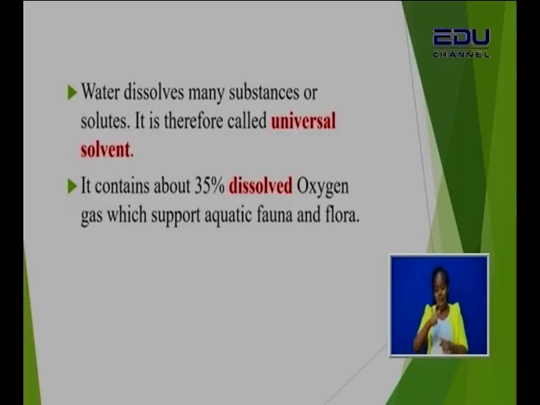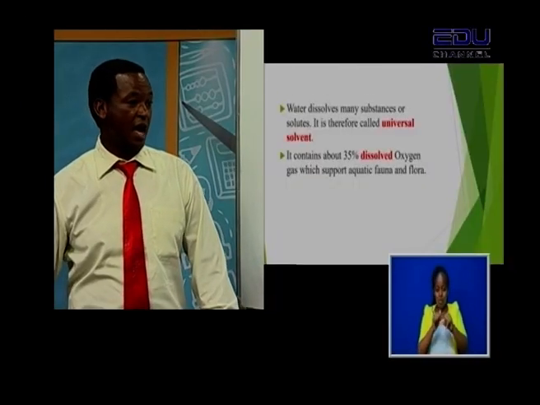Oxygen supports aquatic life, what you are calling aquatic fauna and flora, plants and animals, because we have the dissolved oxygen. And if you boil that water, you are eliminating the oxygen gas, and therefore those animals cannot survive.